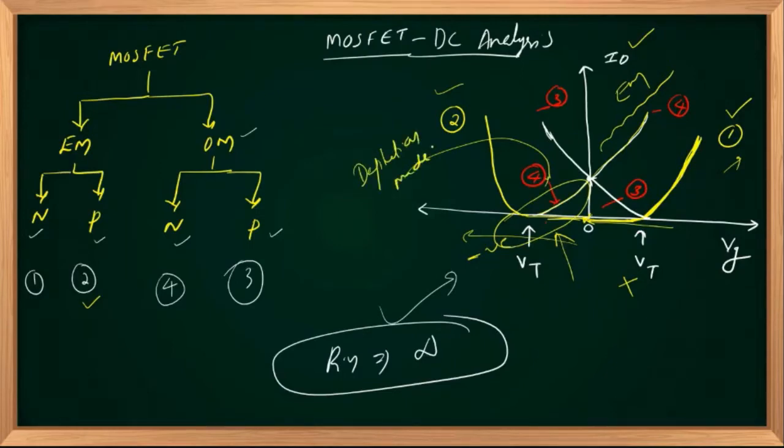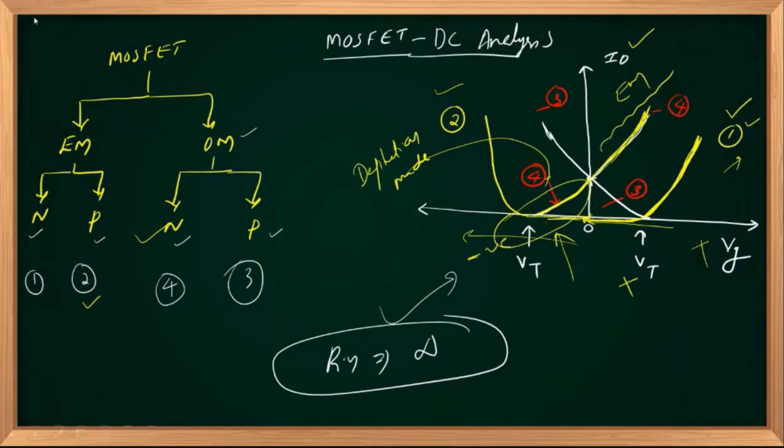So your depletion mode device can be operated in either depletion mode or enhancement mode. Current increases with respect to Vg in enhancement. Current decreases with respect to Vg in depletion mode. So curve number 4 corresponds to N-channel depletion mode, because current increases further if Vg is positive. That corresponds to N-channel behavior. So the fourth curve is nothing but N-channel depletion mode.